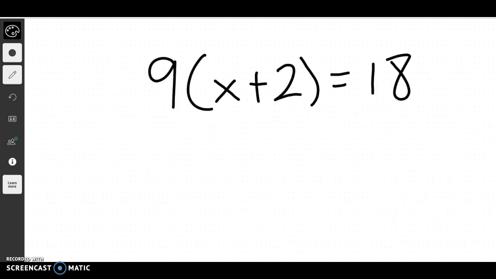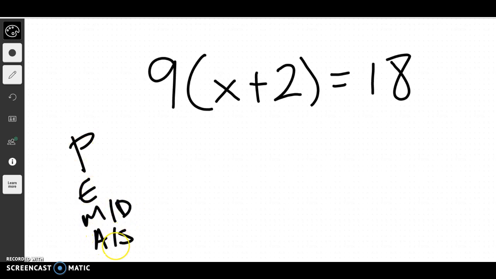In the future, we'll learn a different way to solve this, but the way that makes the most sense now is, again, to go in reverse order of operations. So we would deal with this multiplication first. We have 9 times x plus 2.